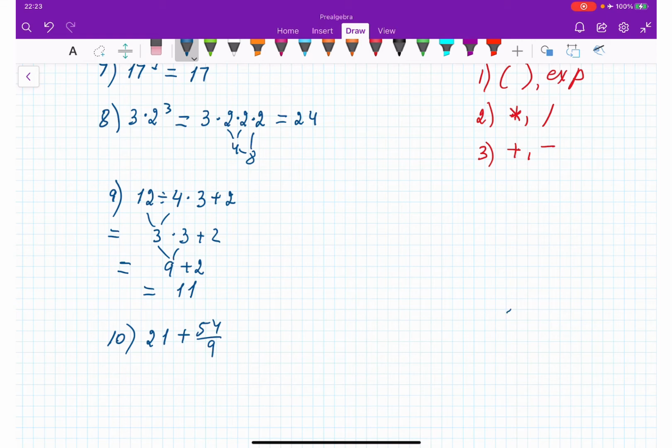See, when I put 6 over 3, I will write down 2. Why? Because this is division. I'm reading 6 divided by 3. Therefore, the fraction, I have simplification, I'm doing first. So 54 divided by 9, how much is it going to be? 6, right? 21 plus 6, and it's going to equal 27.